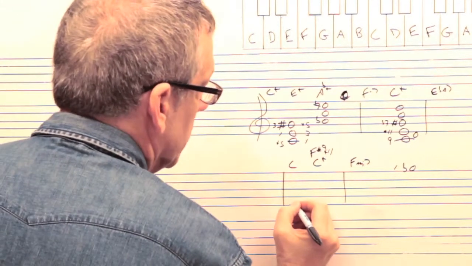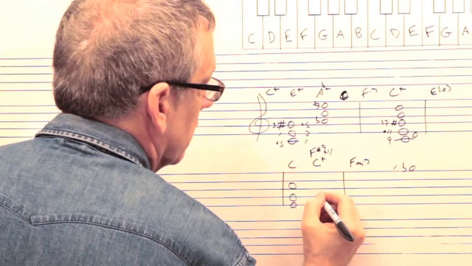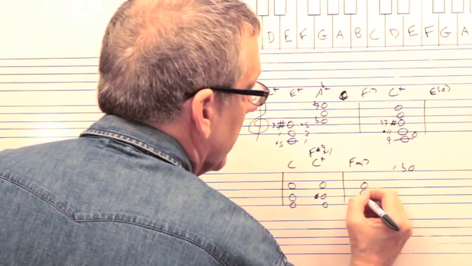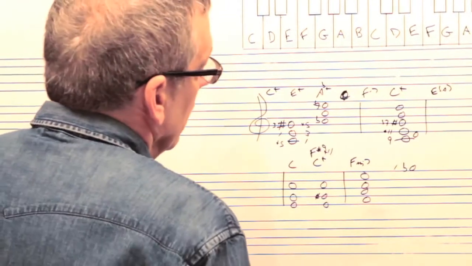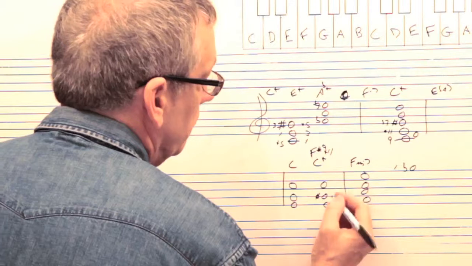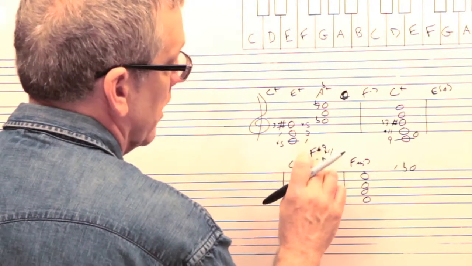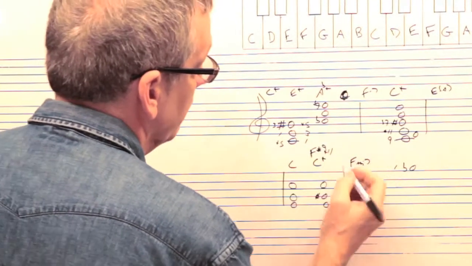So here's our C, the third, plus 5, root, to an F major 7. F sharp is like a dominant approach chord, right? It's like a half step, our passing chord. So that moves right to the F.